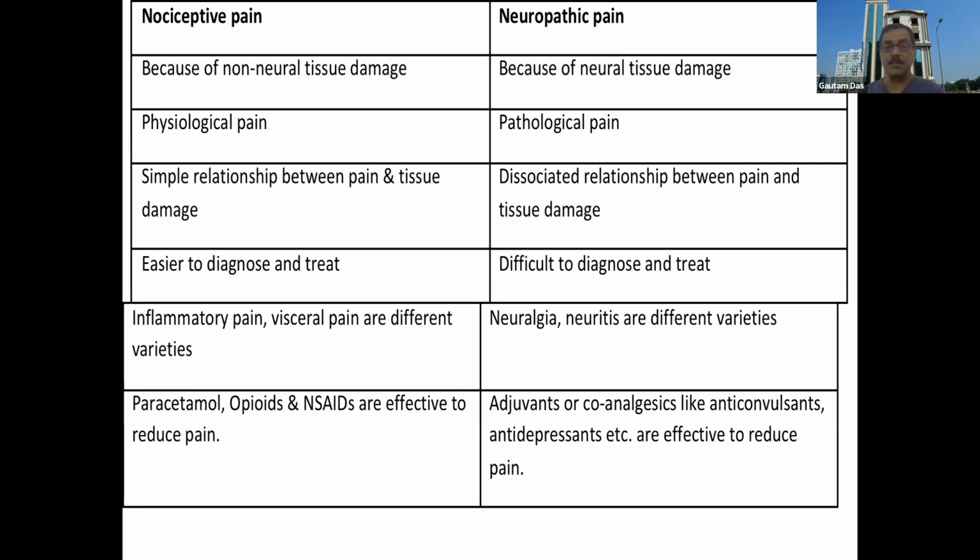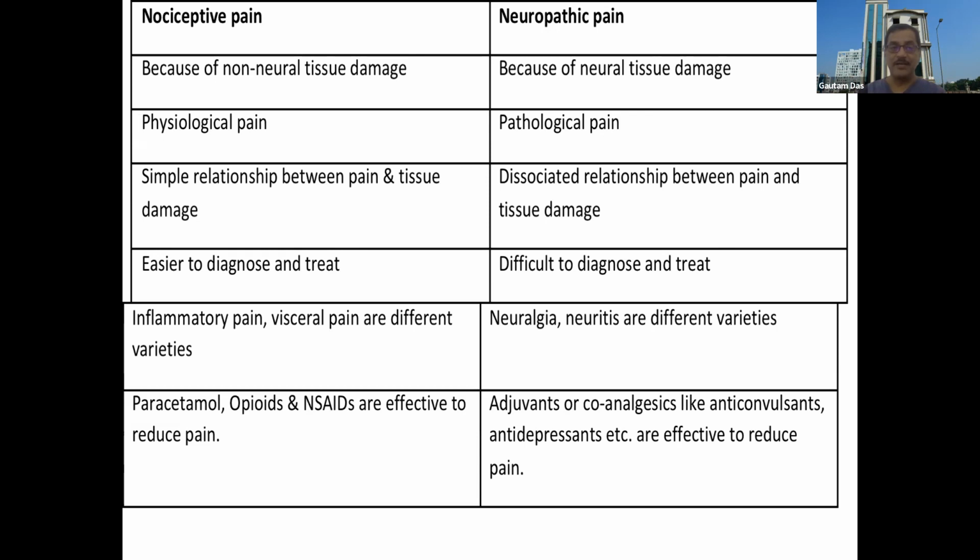So what is nociplastic pain? Nociplastic pain initially was considered a subtype of the neuropathic pain. It is basically a dysfunction of the nerve. So there is no neural tissue damage, but still there is a dysfunction of the neural tissue. That is your nociplastic pain. Say, for example, migraine.